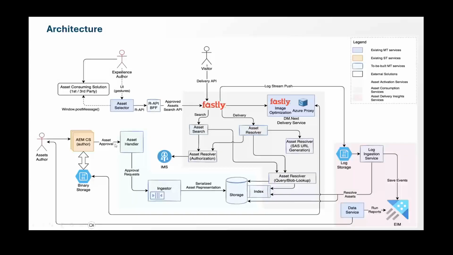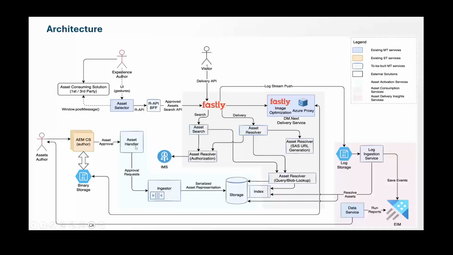Once that is approved, as you can see, it sends the request to your Dynamic Media OpenAPI platform, which has its own storage. It will store everything; only the assets that are approved will be available here.